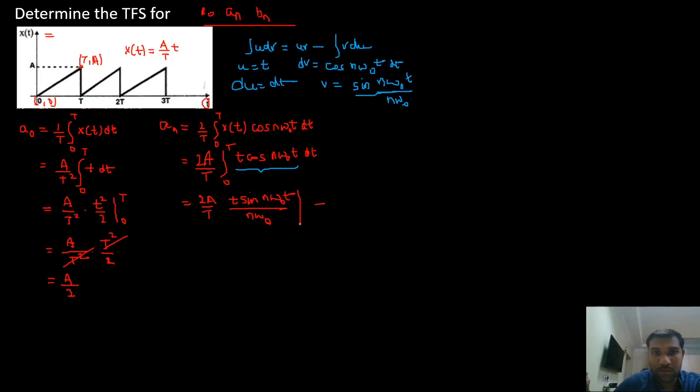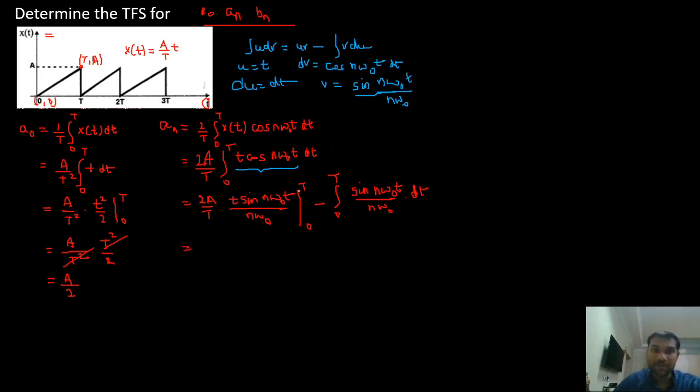This has the limits 0 to capital T, and minus integral 0 to capital T v du. v is sine n omega naught t by n omega naught into dt. du is dt.